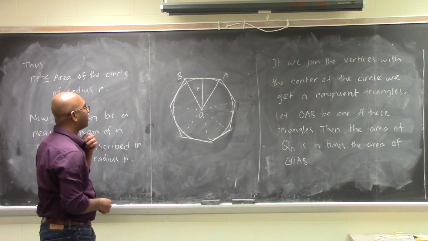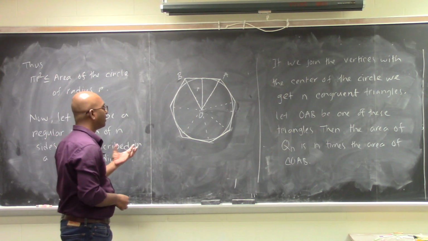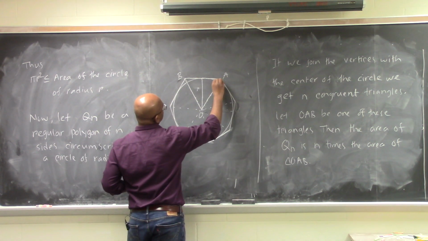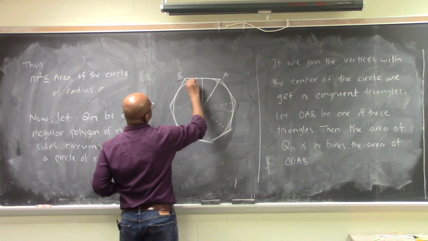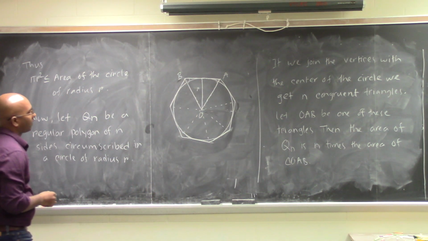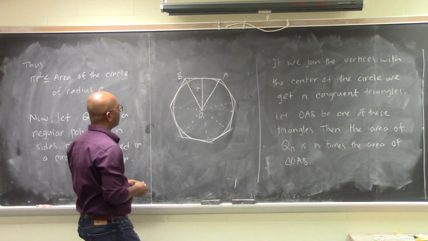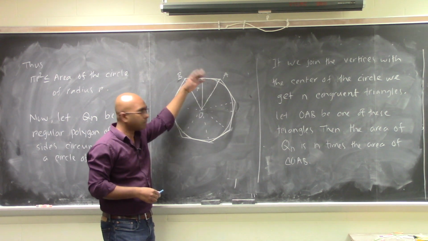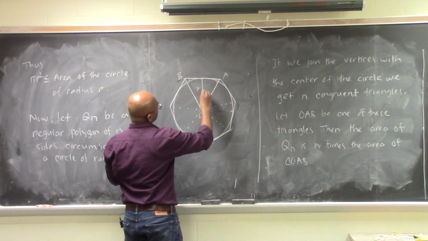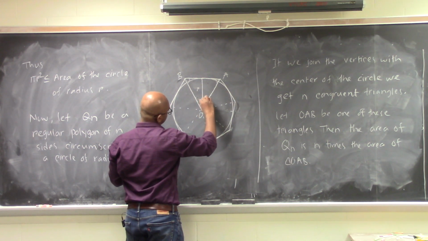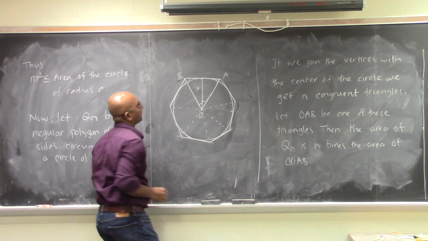Now what will happen, since this is a regular polygon, these angles will be the same. And these two triangles will actually be congruent. So this line will be a bisector of this angle. Okay, so this much will be exactly equal to that.